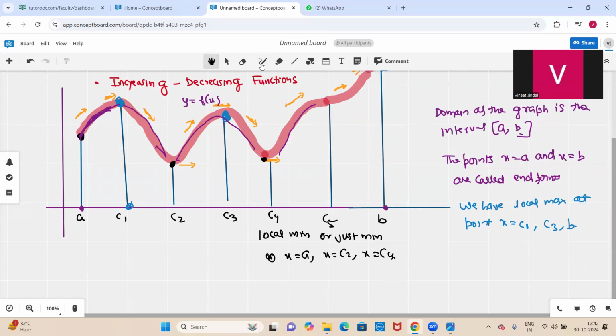So a positive gradient means that the function is increasing, goes up.